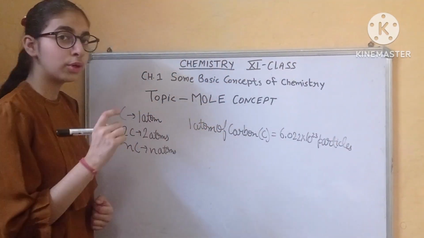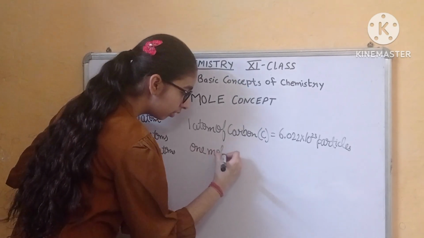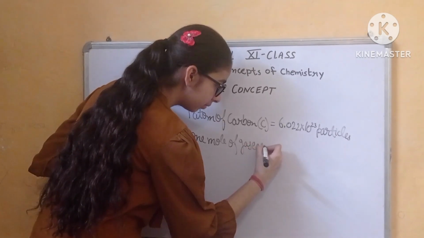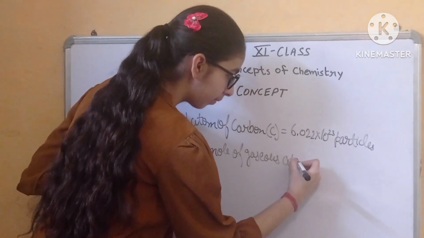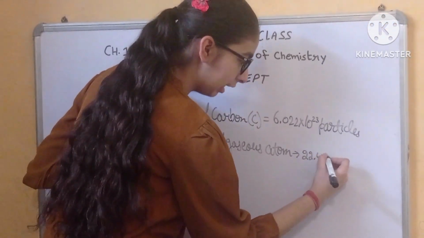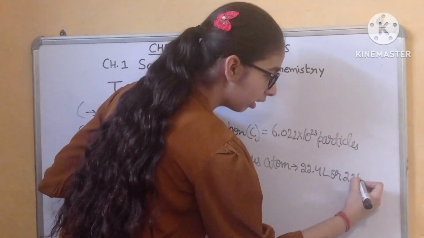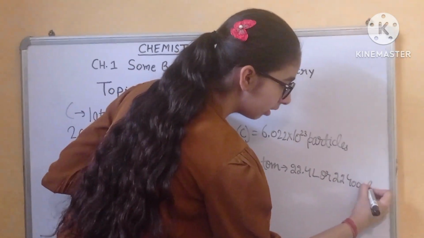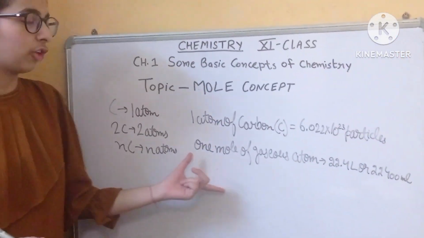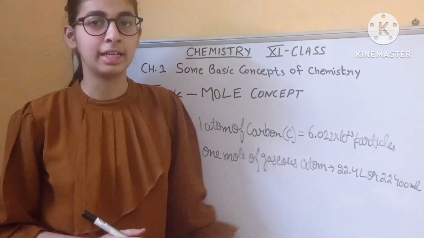And one more thing: 1 mole of gaseous substance occupies 22.4 liters according to SI, or 22.4 ml units. This is 1 mole of gas, measured in liters or milliliters.